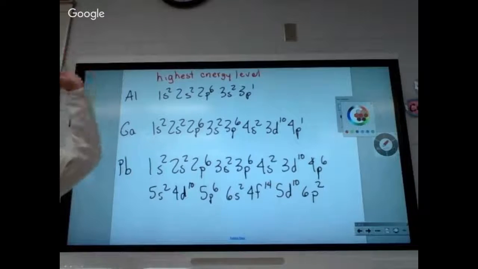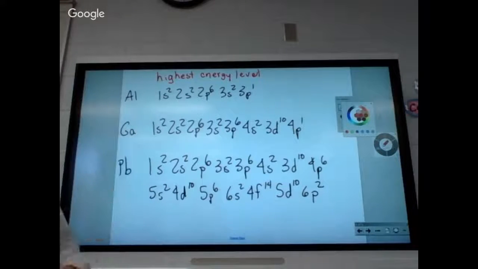So all those quantum numbers, all those weird numbers, you've got to keep all that in your brains until when? After break. So if you don't think you'll remember this stuff after break, make a note to yourself, because I'm hoping you'll study. This will be your first test on the new quarter when we come back. That's the downside to not doing this before break.